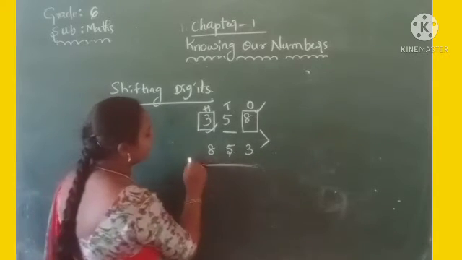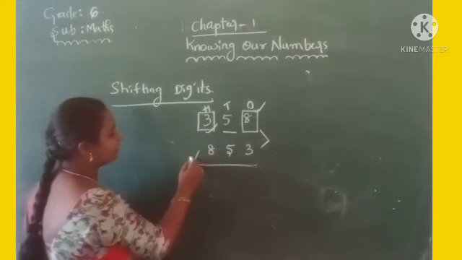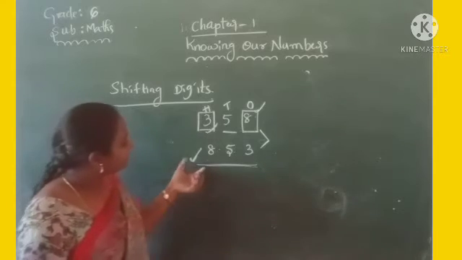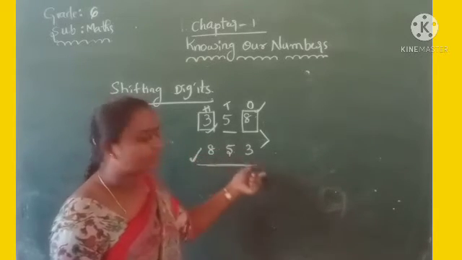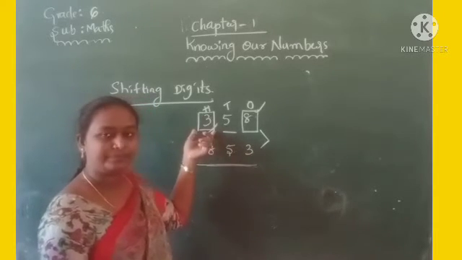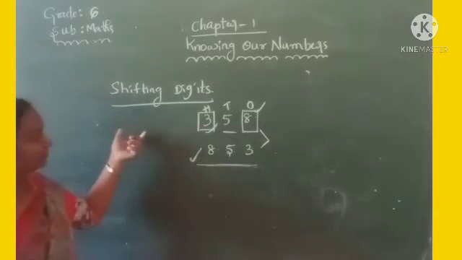853. That means it is the greater number or smaller number? Yes. Compared to this, it is the greater number. Otherwise we can say that the digits are decreased from greater to smaller. That is called the descending order. This is the ascending order. Is it clear? Shifting the digit.